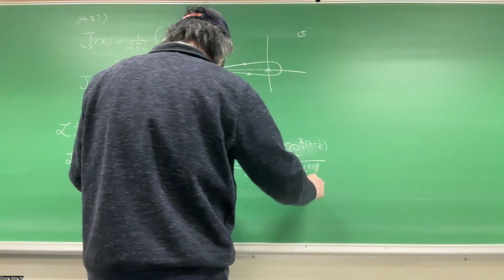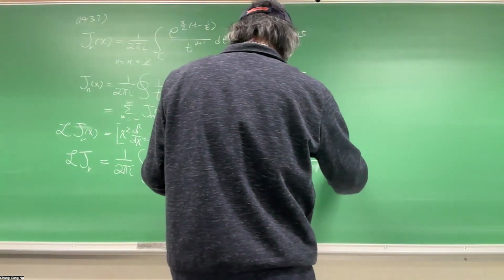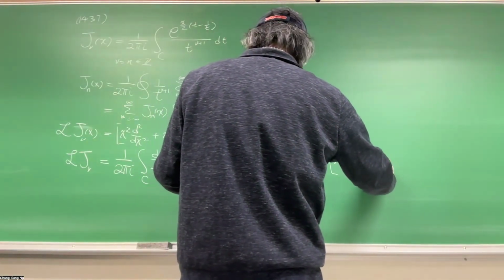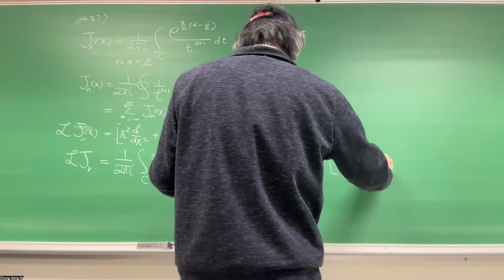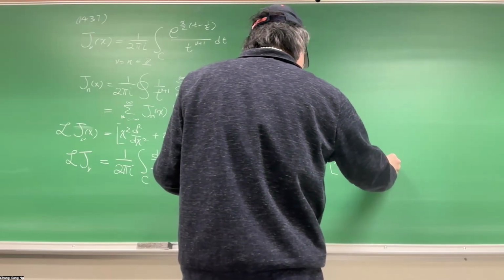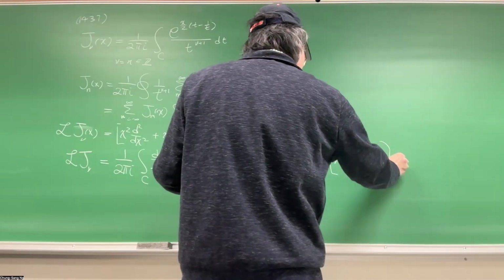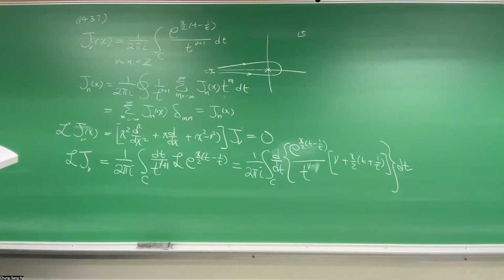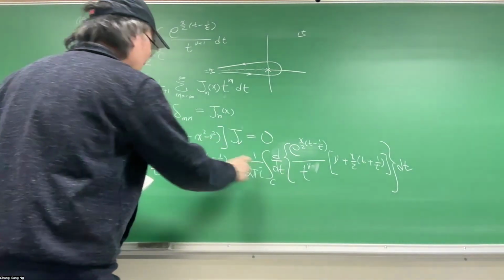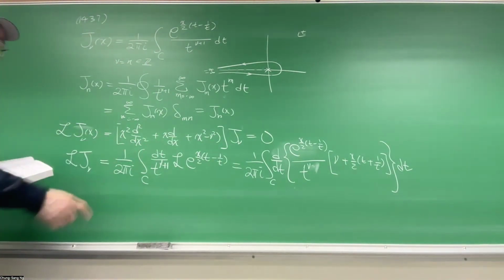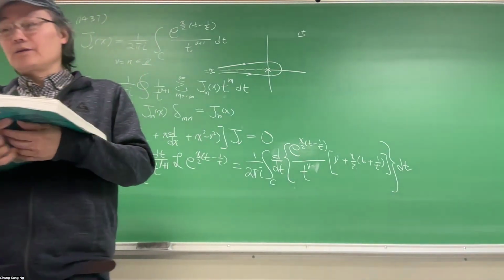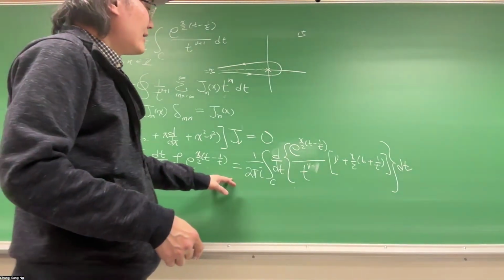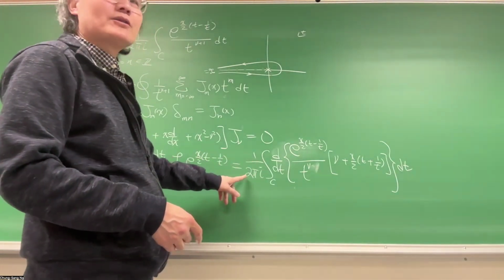Just t to the nu, there's no plus 1. Then nu plus x over 2 times t over t, plus this is a plus. From here to there, you just operate on that and check term by term and work out that exercise. Right, and one way to do it is like that.